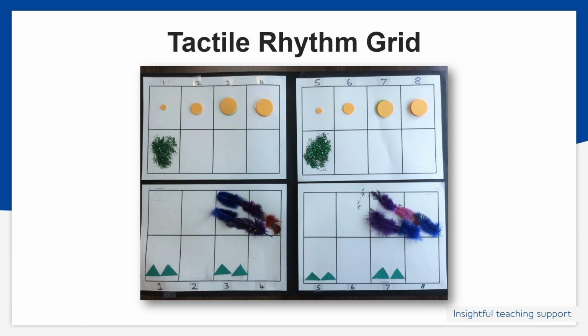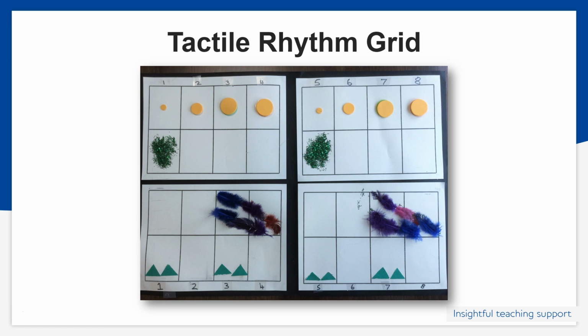They glued these circles on top of each other so that they stand out from the paper. The first beat has 1 circle, the second one is raised slightly from the paper, the third one is raised a little more, and the fourth is raised even more again. So we have 8 drum beats in total.